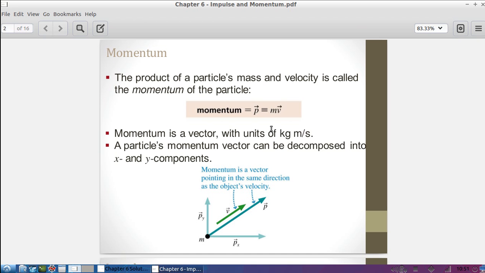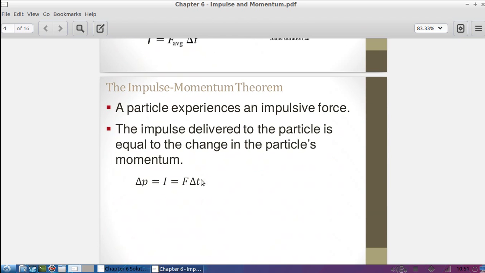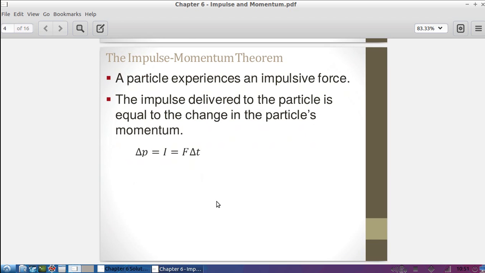So I have an impulse, which is a force over a time interval. We did that little Newton's second law exercise up here. We generate a force, we change an object's velocity, we change its momentum. So this is the impulse momentum theorem. Any object experiencing an impulse is experiencing a force over a time interval, so it's accelerating, its velocity is changing, its momentum is changing.